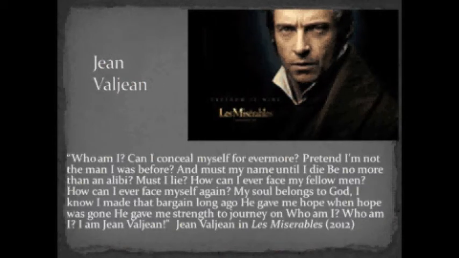Les Miserables was originally written as a novel, but has since been made into various musicals and movies. The main character, Jean Valjean, goes through a transformation as he learns that he can no longer live the safe life under an assumed name, but must come clean and be true to himself.